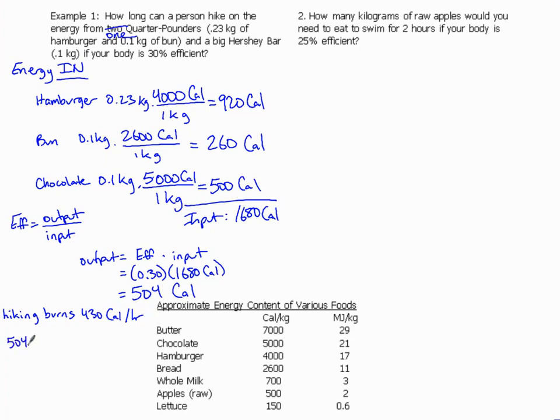So 504 calories is our output, 430 calories per 1 hour. And this tells us that you could hike for 1.17 hours based on this amount of food input and these numbers.